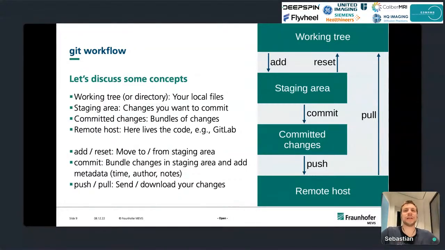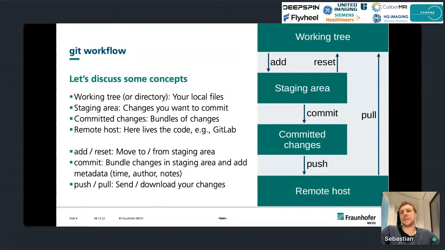But in general, we have something like GitLab or GitHub, where we push our changes to a so-called remote repository. And then our colleagues can do the opposite and pull our changes into their local working tree.